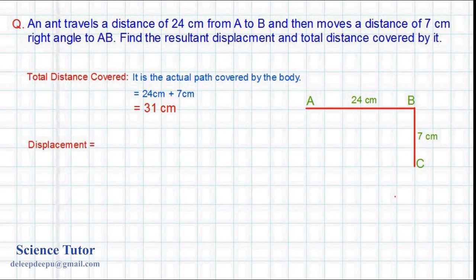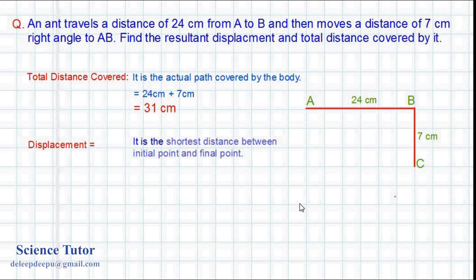Now the second part is displacement. You must have an idea about displacement. It is the shortest distance between the initial point and the final point. Here A is the initial point and C is the final point. So the distance from C to A is a straight line.